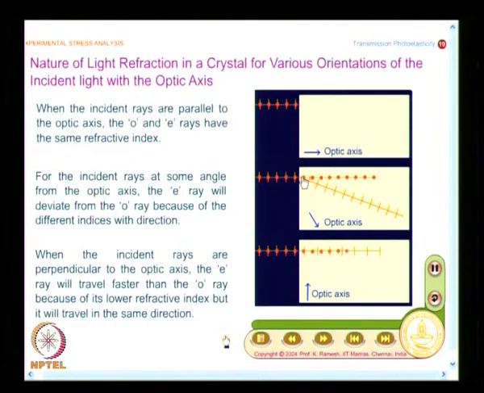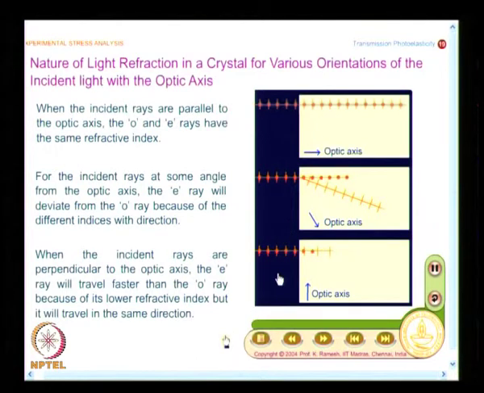The second case really brings out how one looks at two images in a crystal, so it helps in understanding what birefringence is. On the other hand, the third case is what is useful from the photoelasticity point of view. And the first case is very similar to what happens in an isotropic medium.